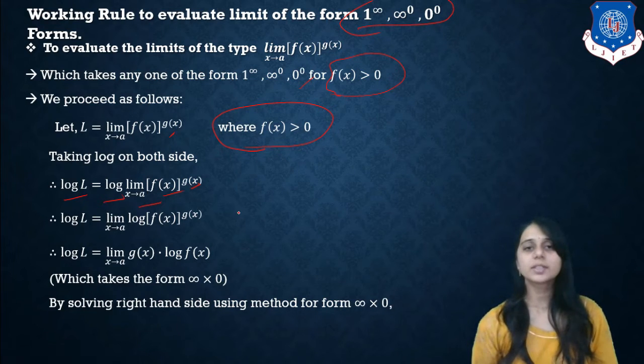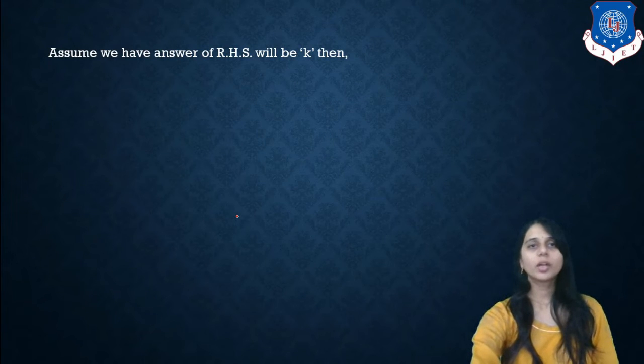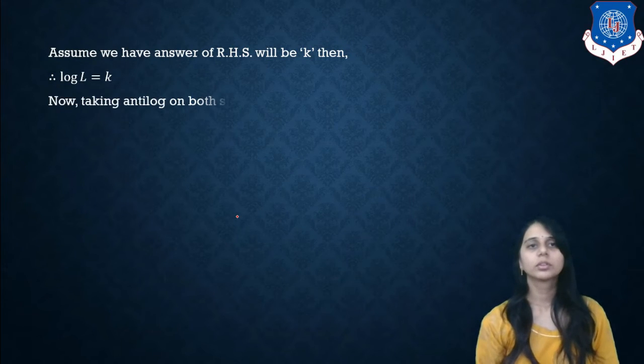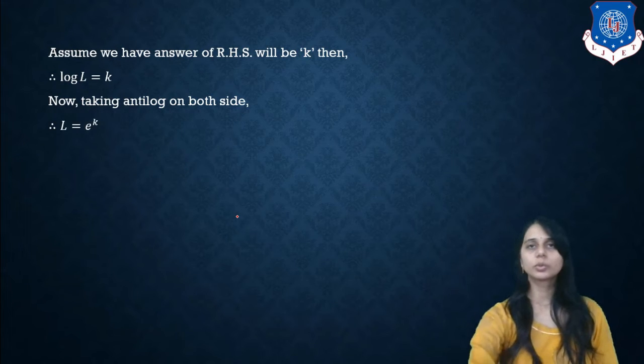By solving the right hand side using the method for the infinity into 0 form, and assuming the answer RHS is k, we get log L equal to k. Taking antilog on both sides, we get the answer L equals e raised to k.